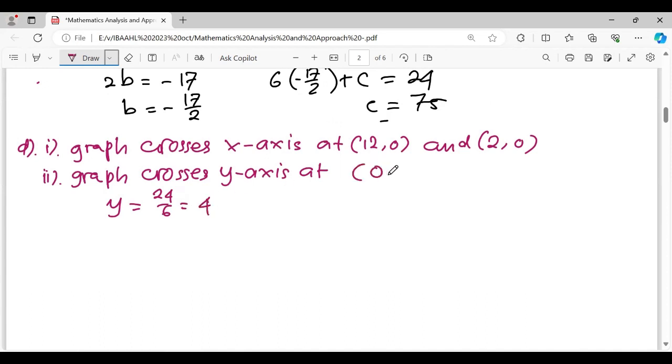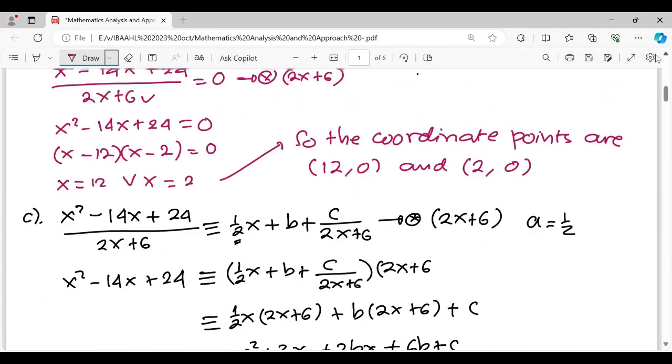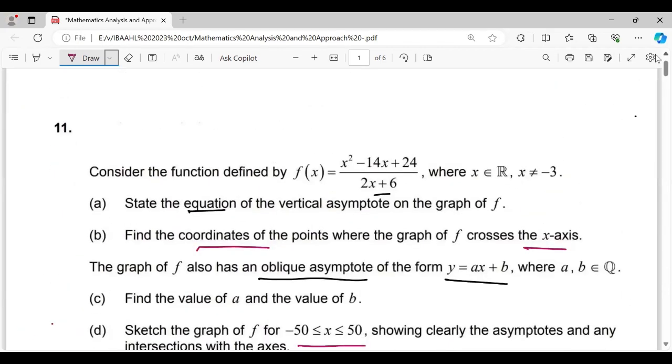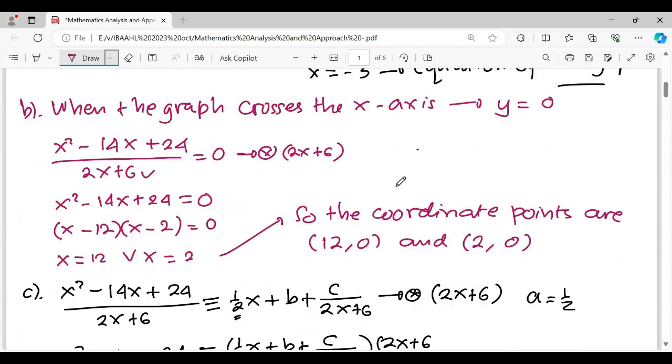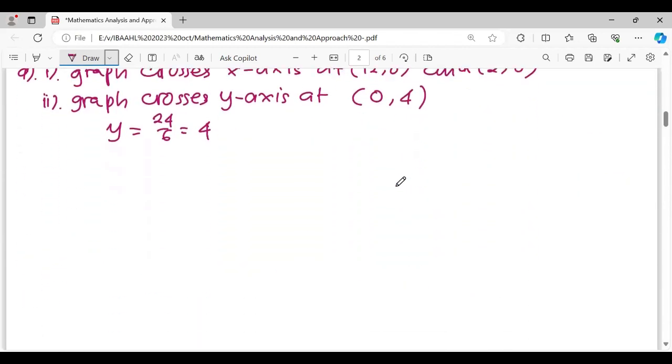So at 0, 4. If the graph crosses the y-axis, it means x equals 0, so it becomes 24 over 6.